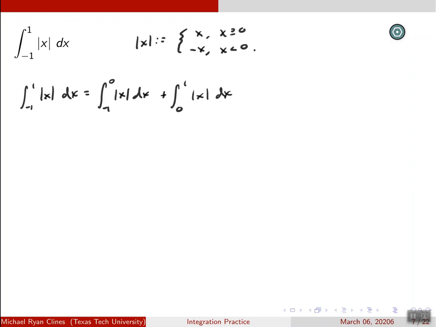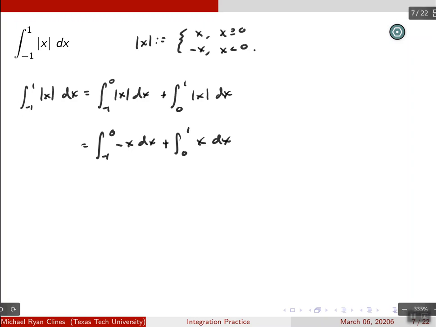Why did I do that? Because on the interval -1 to 0, this is how the absolute value function behaves. It behaves like the function -x. So I can replace this with the integral from -1 to 0 of -x dx plus the integral from 0 to 1 of x dx, because the absolute value on the positive numbers behaves just like the function x.